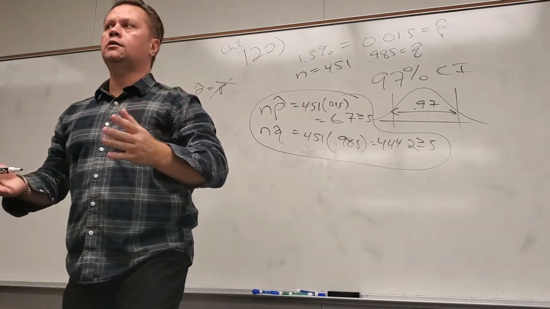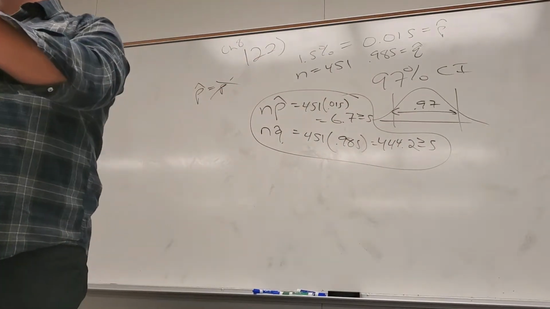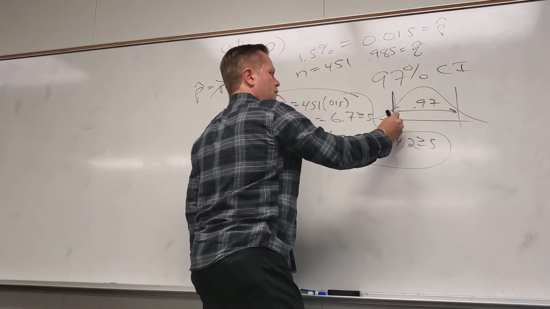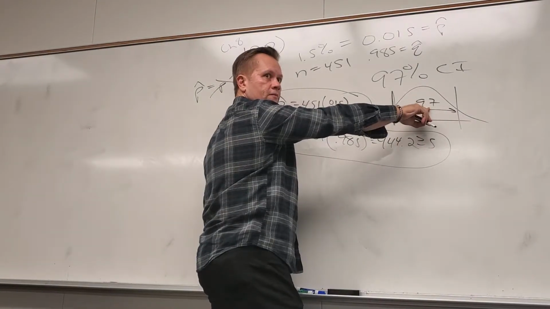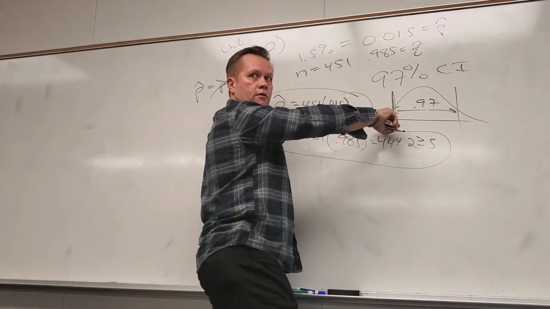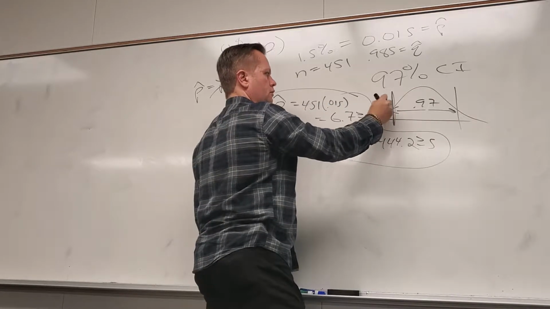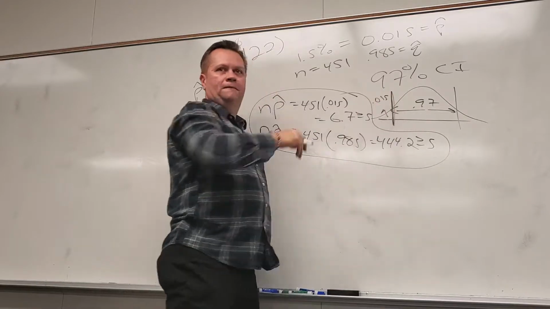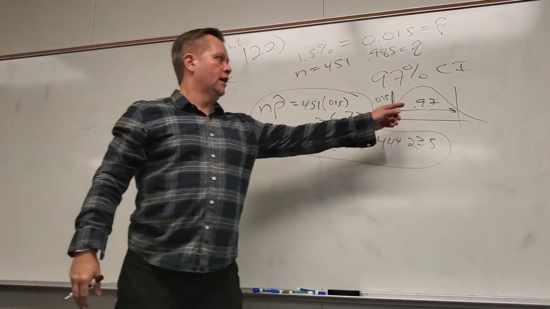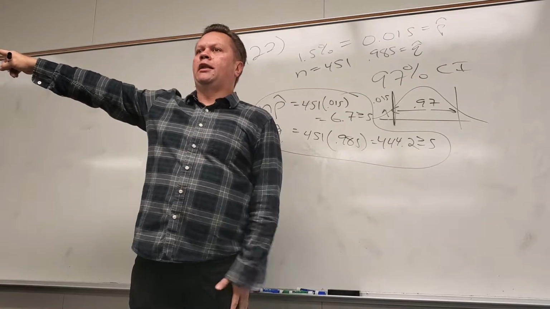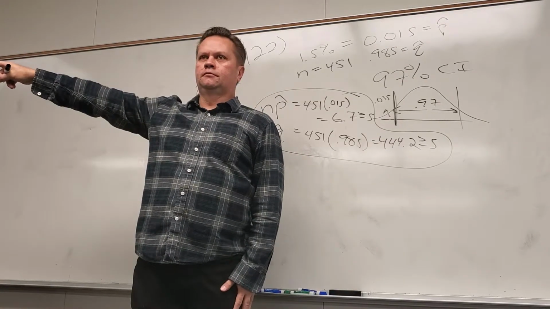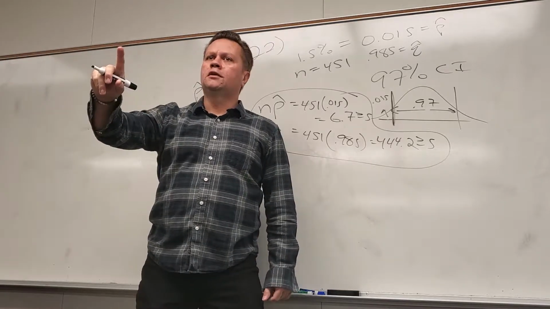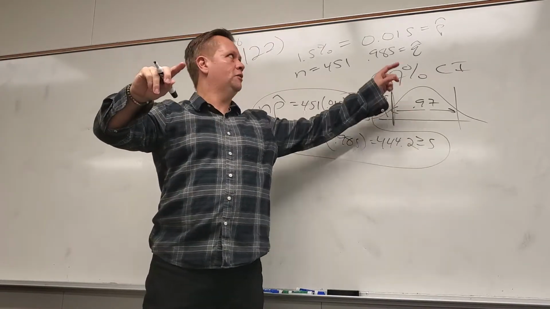Again, I know the chart only understands areas that are below a Z-score. I want this Z-score, but the chart doesn't understand this. What area is below that Z-score? 0.015. How did we get that? 97% in, 3% out, 1.5% on that side. Now please notice that it's a complete coincidence.